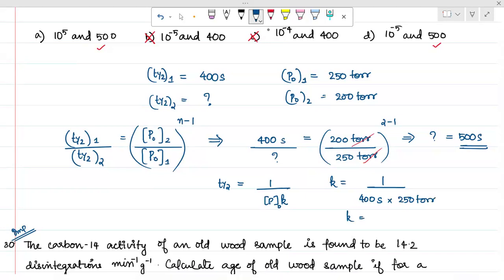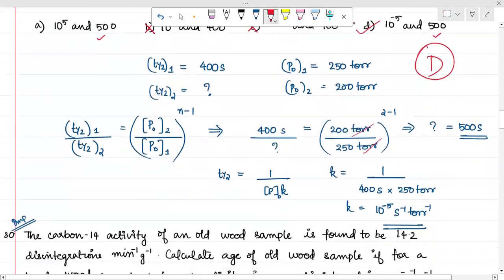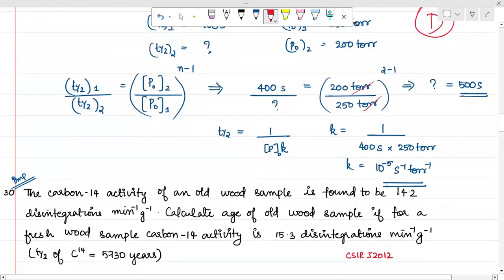That's it. We need to solve this. So we will get 1 divided by 400 into 250. That is going to be 10 to the power minus 5 per second per torr. Option D. Option D is the correct answer. This was asked in June 2011.